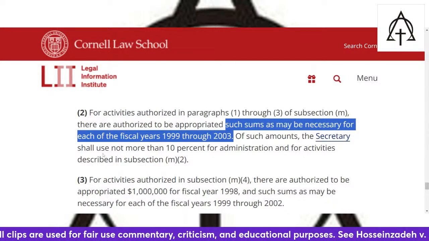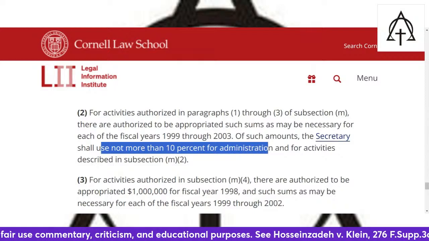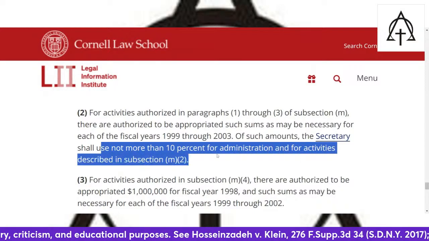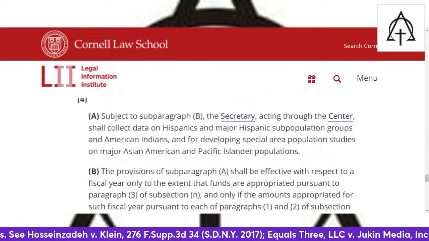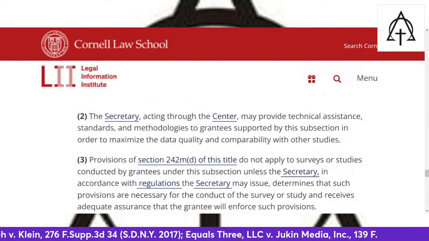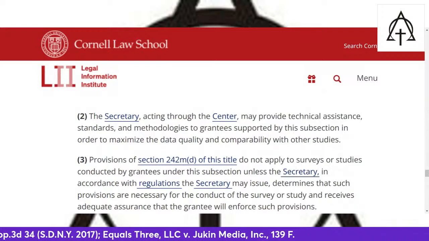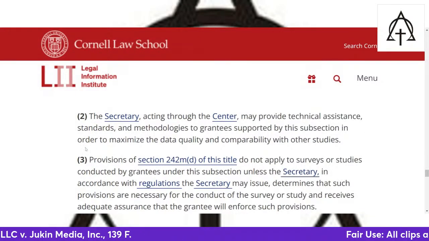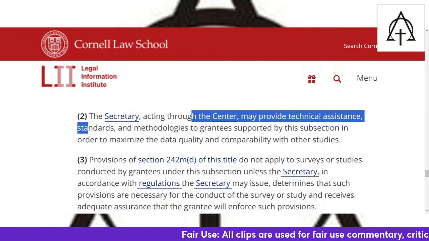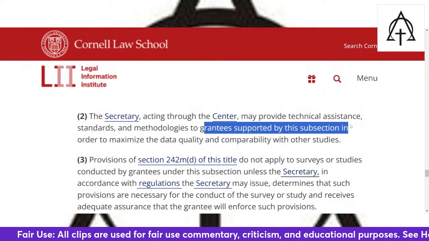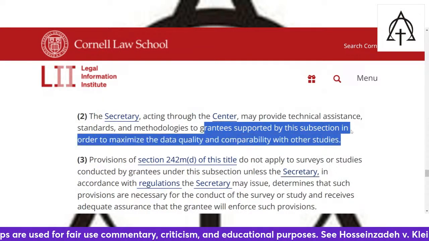Of such amounts, the Secretary shall not use more than 10% for administration and for activities described in subsection M2. The Secretary, acting through the Center, may provide technical assistance, standards, and methodologies to grantees supported by this subsection in order to maximize the data quality and comparability with other studies.